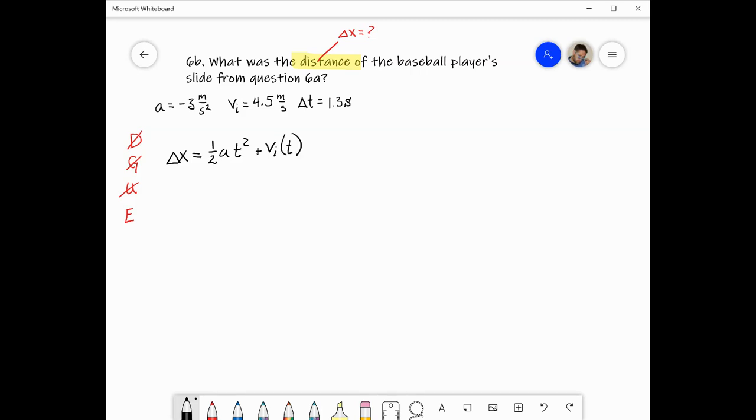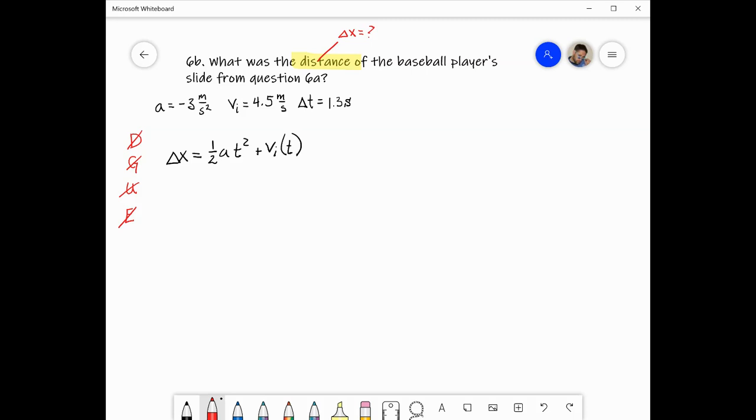So now you can see why I put in my initial velocity here as opposed to my final velocity, because I didn't need my final velocity in the end. This was fine based on the fact that I already know my acceleration. So now I've taken care of writing down my equation. I don't have to do any reworking of this, which is great because I'm solving for delta x and it's already solved for delta x.